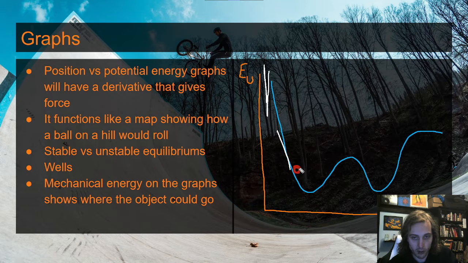If I take a little ball and I drop it on a hill that looks like this graph, that ball will roll down to here and then get back up to this height and roll back and forth between those two things.